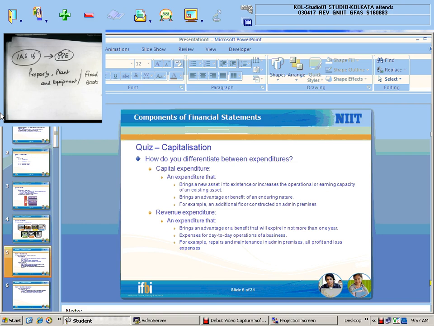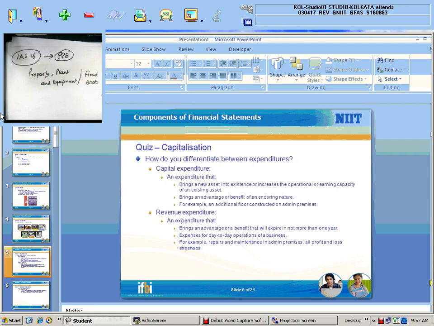By incurring capital expenditure, an advantage or benefit of enduring nature is created, like an additional floor constructed on administrative premises. If the company constructs another floor on the administrative premises, that will help the company to provide more space for its administrative purposes.